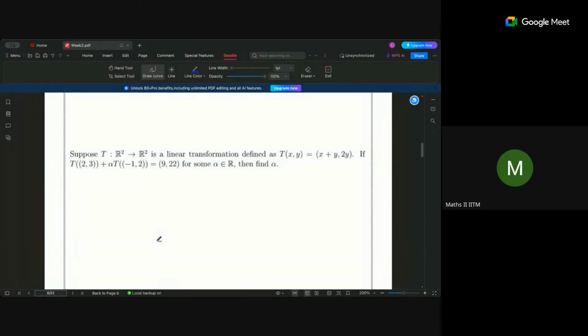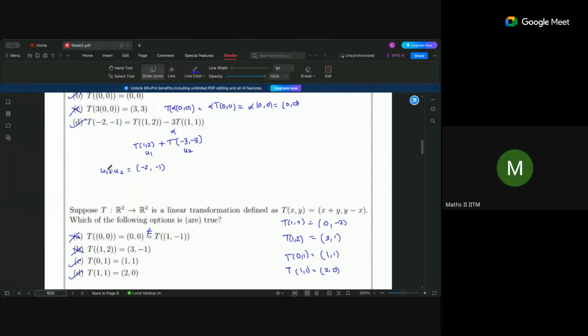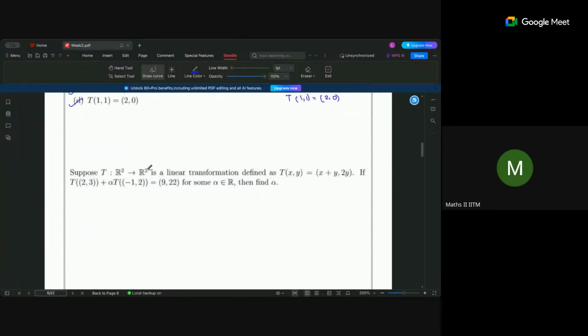Suppose T from R2 to R2 is a linear transformation defined as T of x comma y is x plus y comma 2y. Now you are given that T of 2 comma 3 plus alpha times T of minus 1 comma 2 is this, and you need to find what is the alpha. How to do this? Similar to what we did here, first we do the scalar multiplication and then add it.